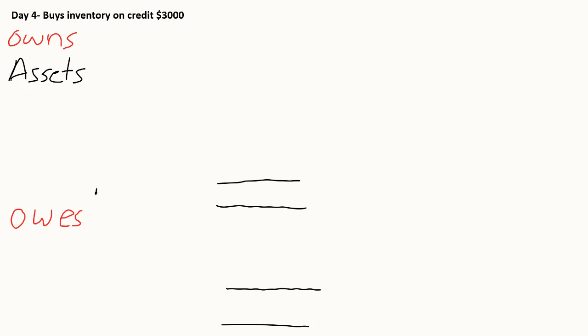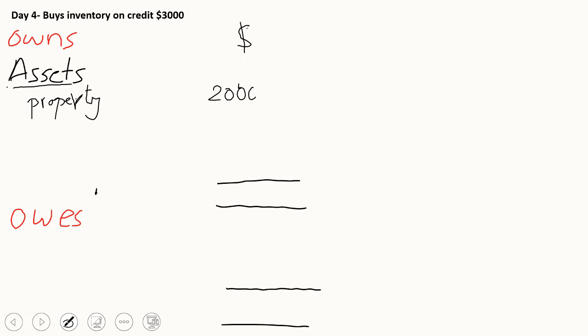Day 4. Buys inventory on credit 3,000. So let's see. Under the assets heading, property will remain same. There are no changes in property, so it will still be 2,000.